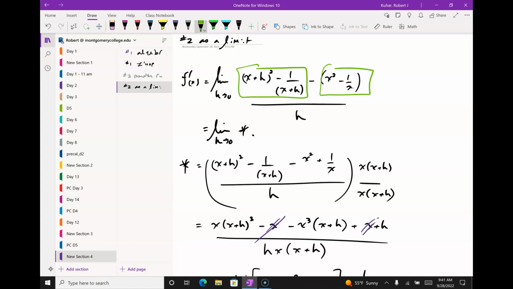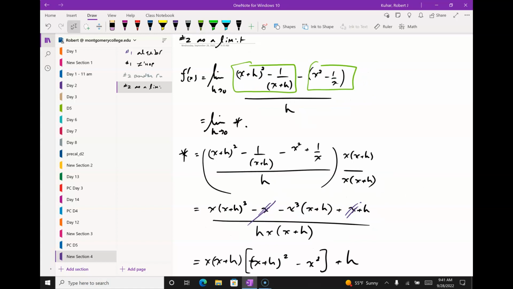That piece is my star. I want to get a replacement function. Now, if I let h be 0, I'm in trouble, right? What do I get if I let h be 0? I get 0 over 0, right? So I know I have to find my replacement function.